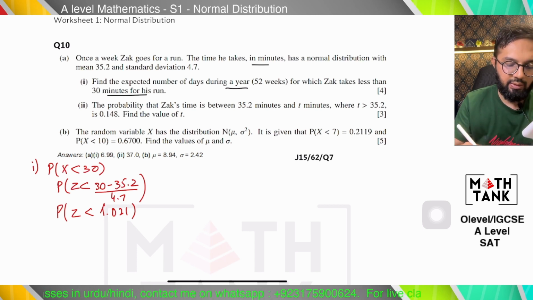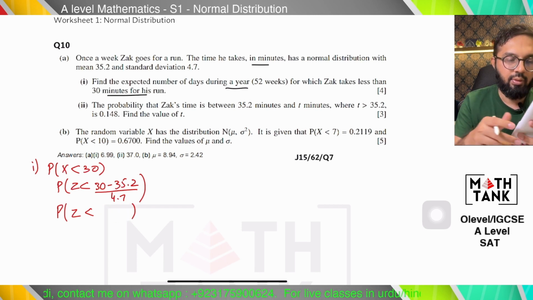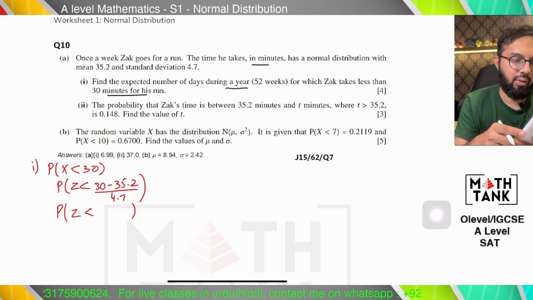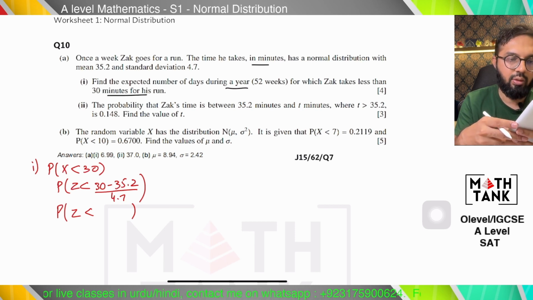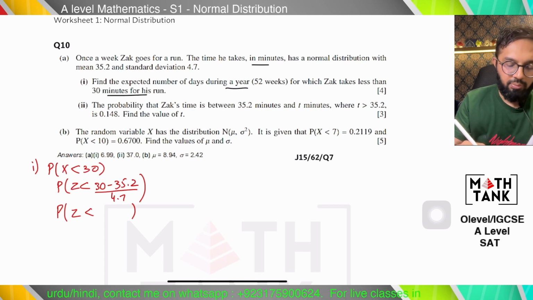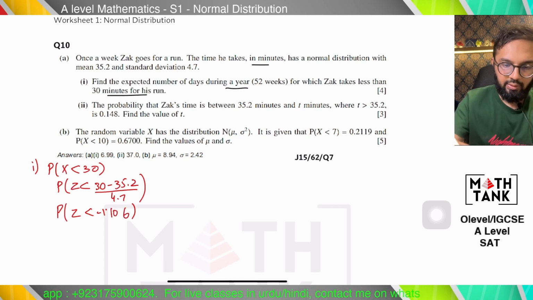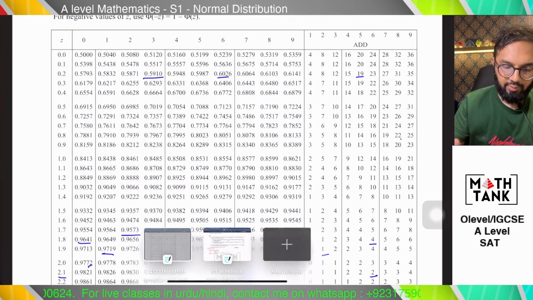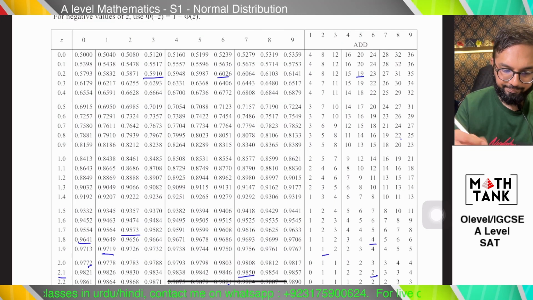30 minus, let me just do this again. Minus 1.106. Okay, 1.106 from my table.